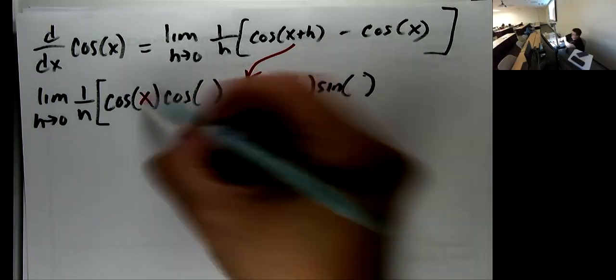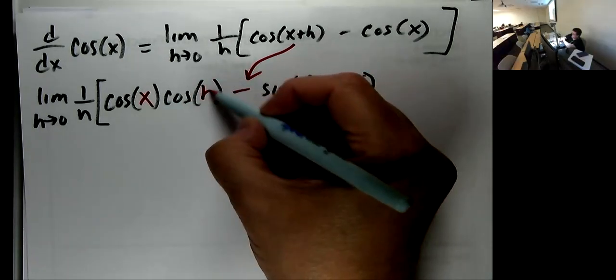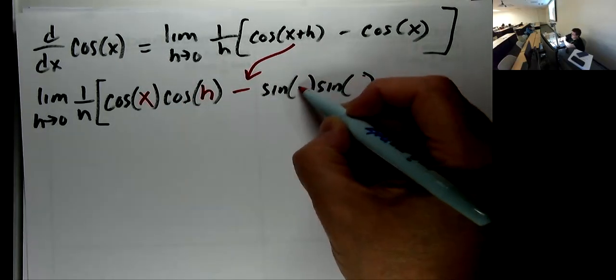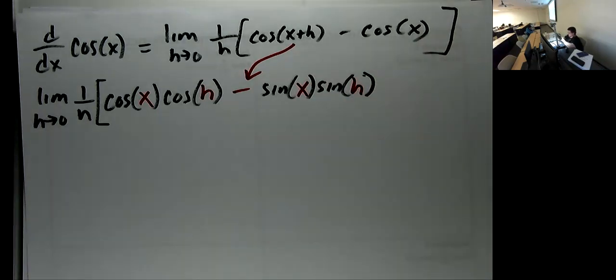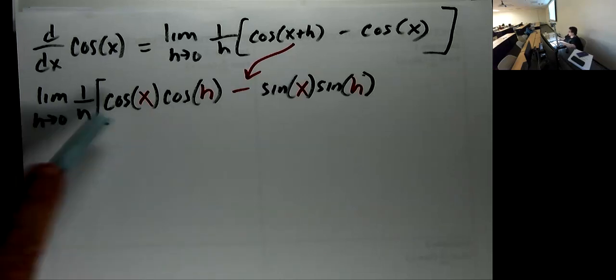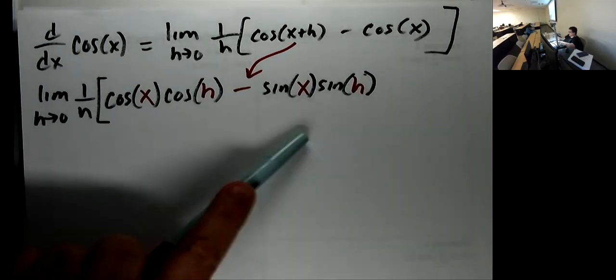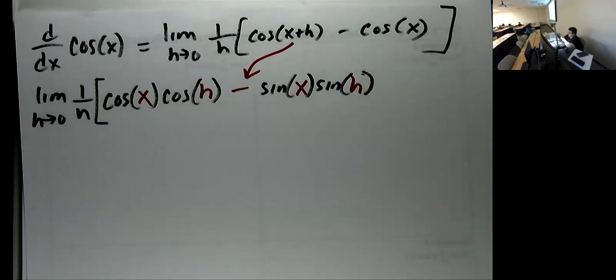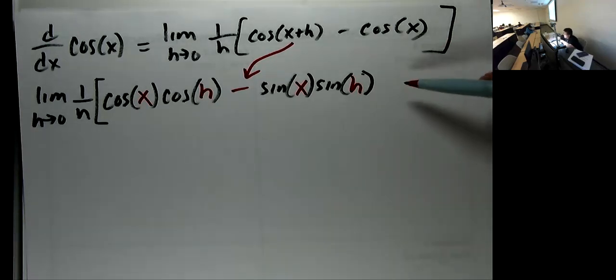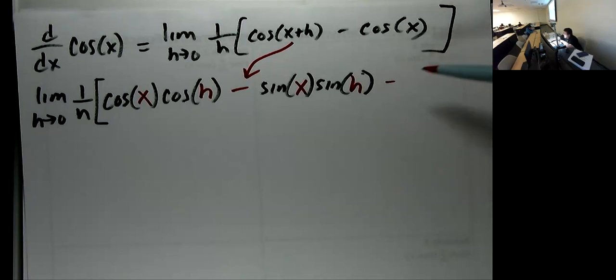So instead of A, I'm going to use x. Instead of B, I'm going to use h. And then these are also x and h. So sine uses sine, cosine, and keeps the sign the same. Cosine doubles up, does cosine, cosine, and sine, sine, and it switches the sign in the middle. That's what the cosine sum formula does. And we still have minus cosine x.